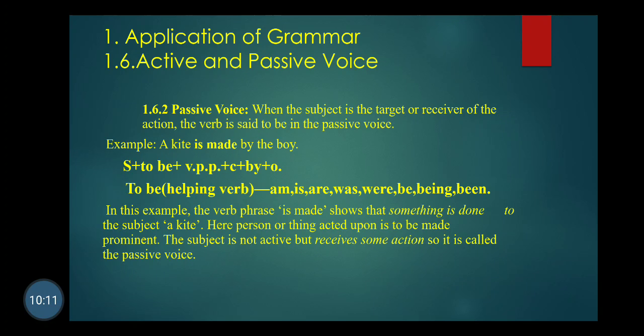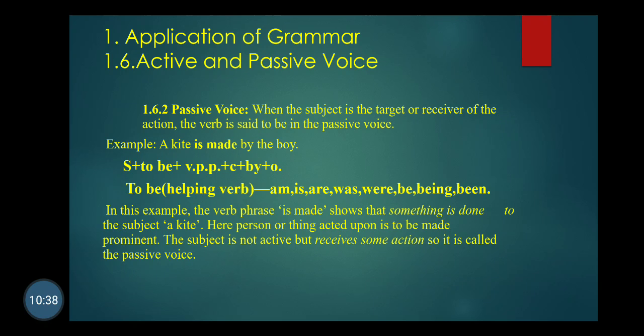Passive voice is used when the subject is the target or receiver of the action. Subject is a target, he is a receiver of action, he is not the doer of action. Object is the doer of action. The verb is said to be in passive voice. At that time subject is passive. The action is important, so it is called passive voice.